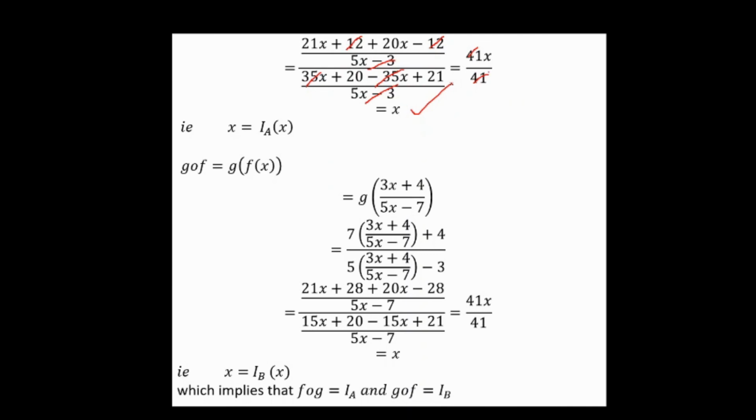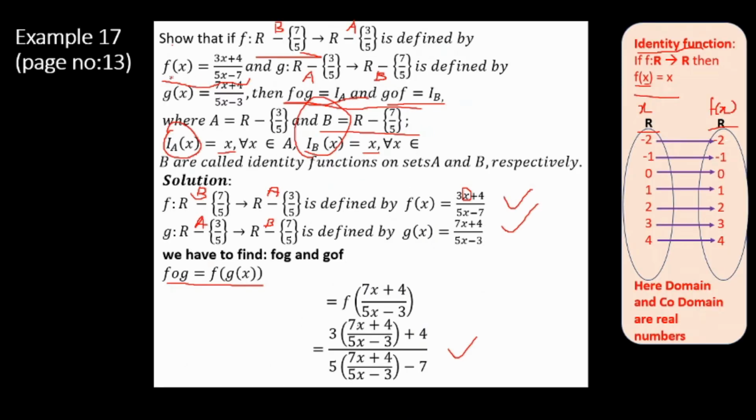Can we say x is equal to IA of x? Yes, just check. x is equal to I of x, the identity function on set A of x, which is equal to fog. Got it? So we got it.